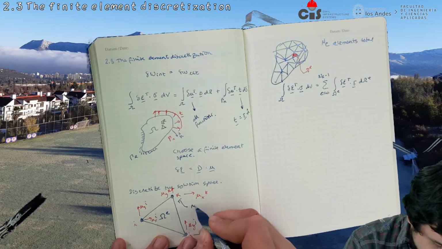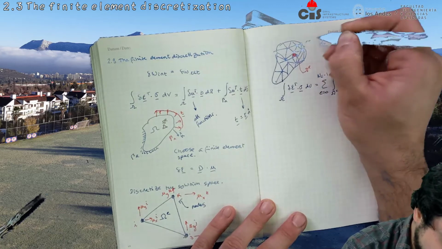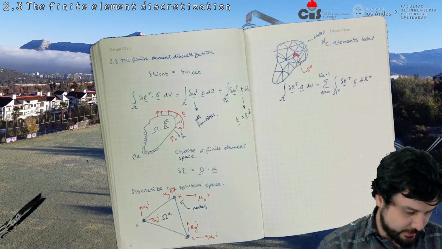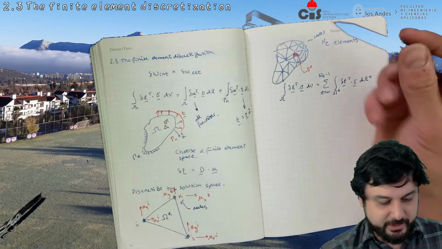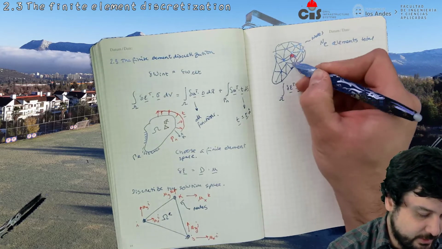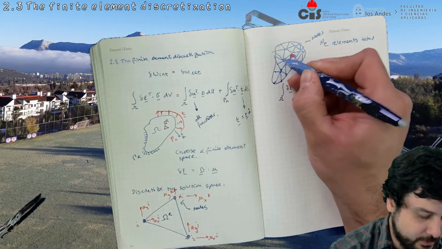So these are nodes of the element, and nodes are the points where you know the solution. So you're gonna give up on the idea of knowing the complete solution. You're gonna be satisfied just knowing the solution at some points, called nodes.